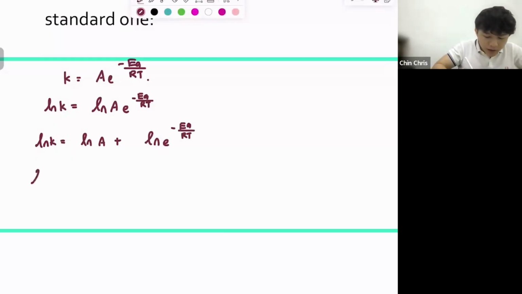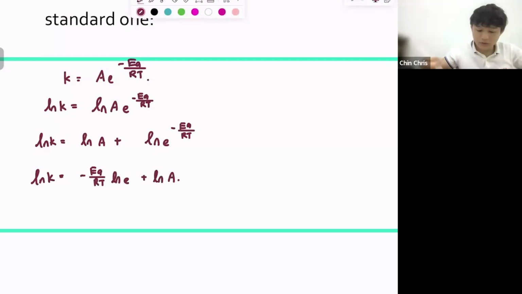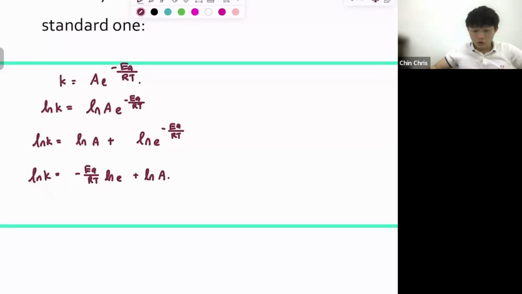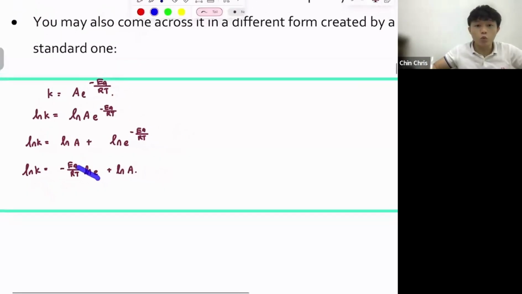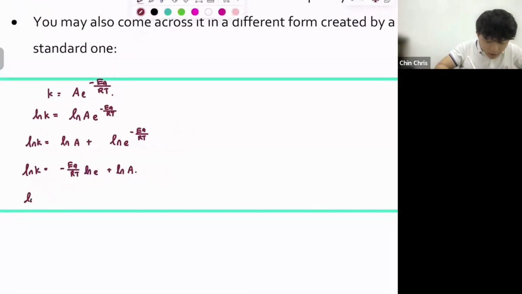Next, I can apply the power rule in logarithm, and bring down the power as a multiplier. What is log e? If you press it in your calculator, log e is just 1. So I can say that log k equals negative Ea over RT plus log A.